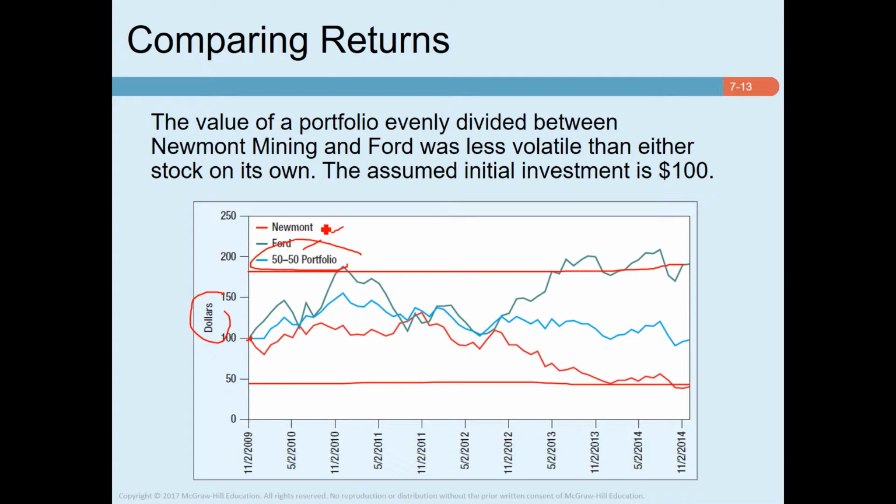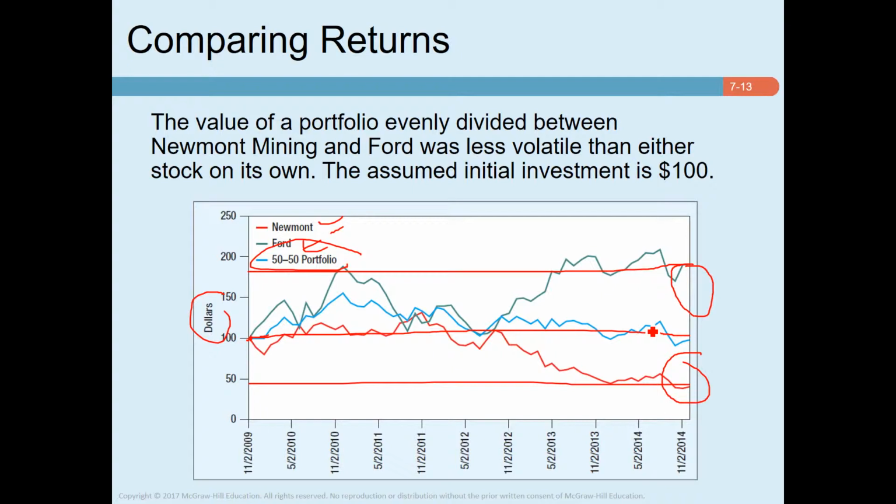However, instead of only investing in Newmont or Ford individually, if you make a portfolio, you can see that your $100 reaches slightly less than 100. So although you still incur losses, the huge loss you could incur from investing in Newmont would be offset by the positive return you generate from Ford.